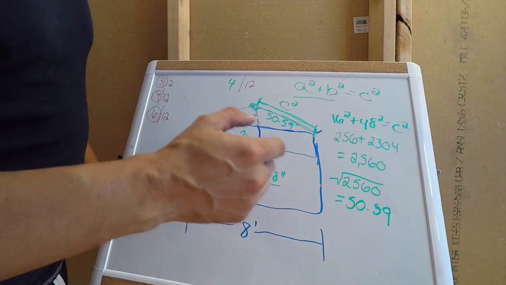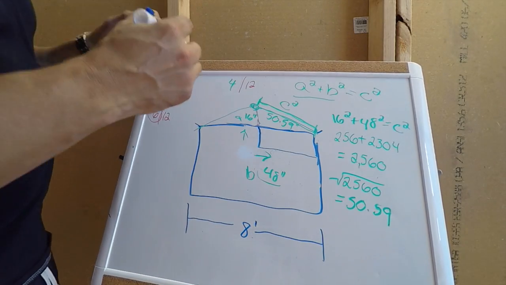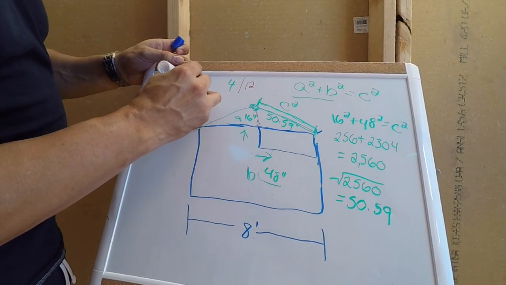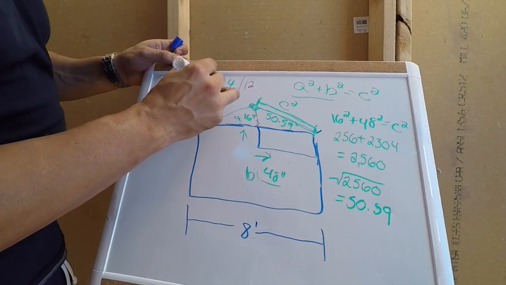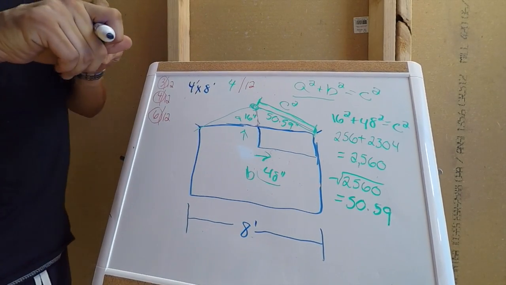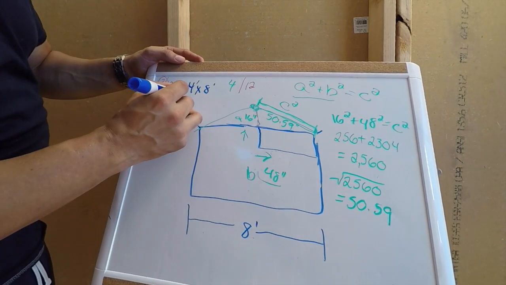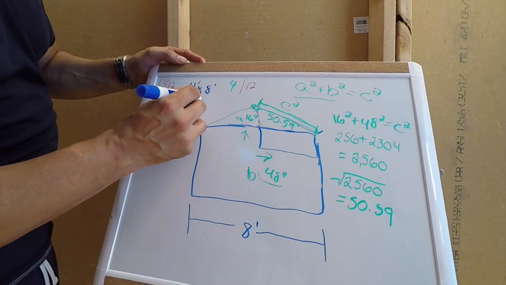You have your plywood at 4 by 8. 4 feet by 8 feet plywood. You know that 4 feet already by our calculations is 48 inches.